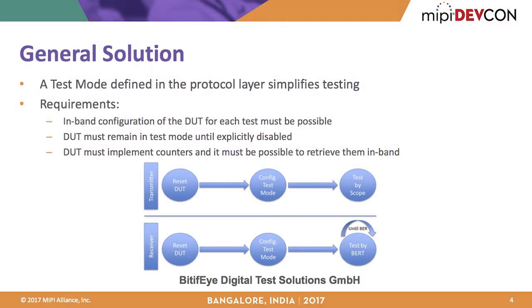What we're looking at is the testing method, which is based on the UniPro test solution. So it's actually a protocol layer, but it helps simplify testing a lot. It has some requirements though. The requirements are in-band configuration of the DUT for each test. The DUT must remain in the test mode until it's explicitly disabled, and the DUT must implement counters, and it must be possible to retrieve them in-band.